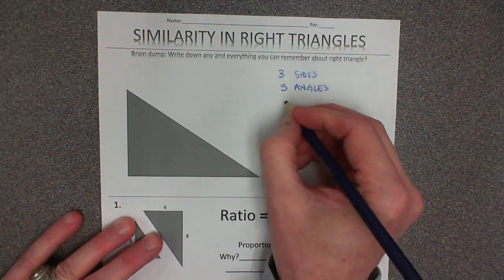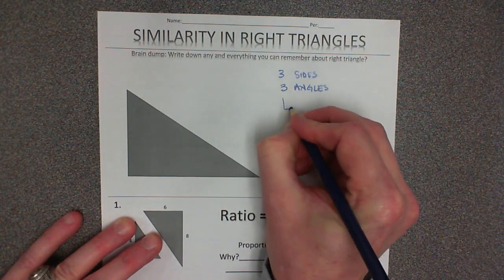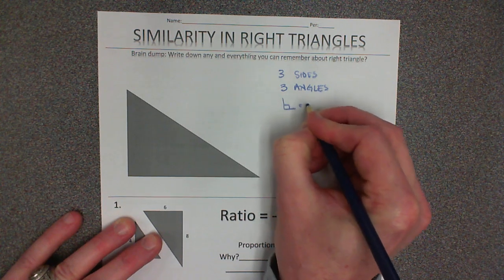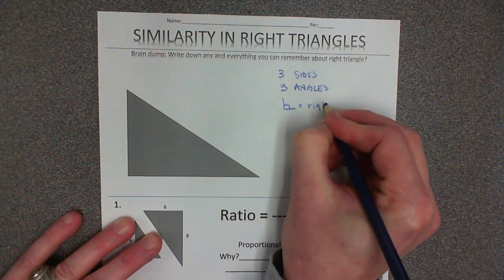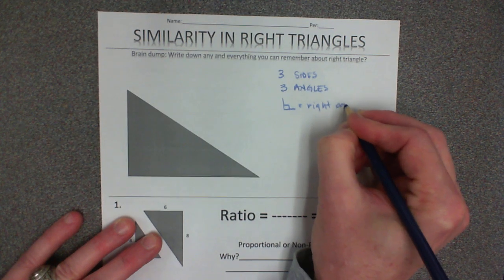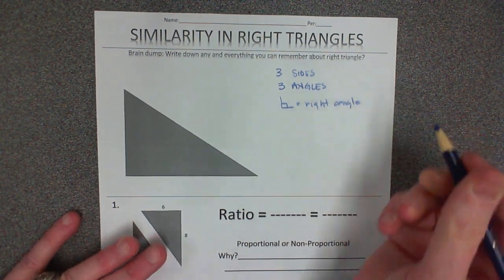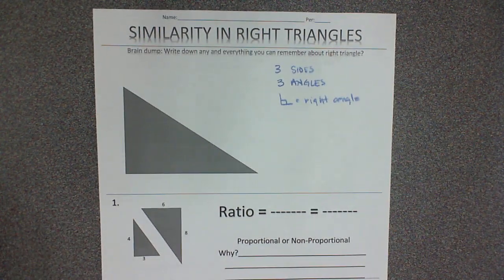If it's a right triangle, I know there's a right angle. I'm going to give you about 30, 60 seconds to write down as many other things as you can. You can draw on the right triangle if you would like, but write down as many things as you can remember about this.